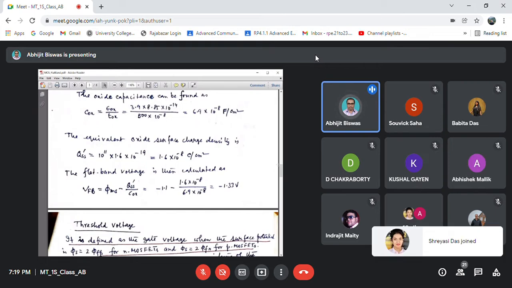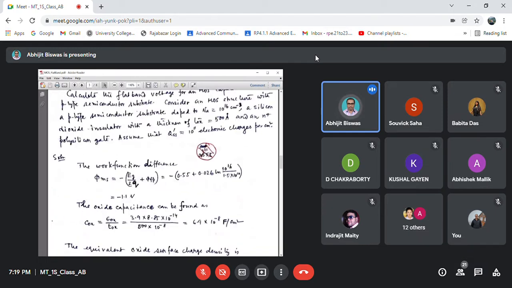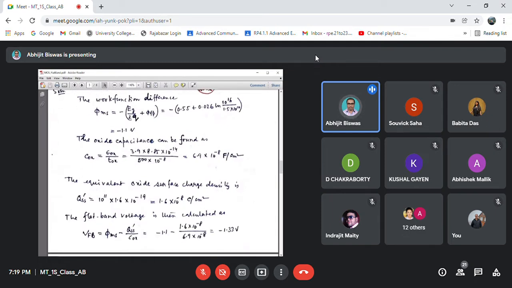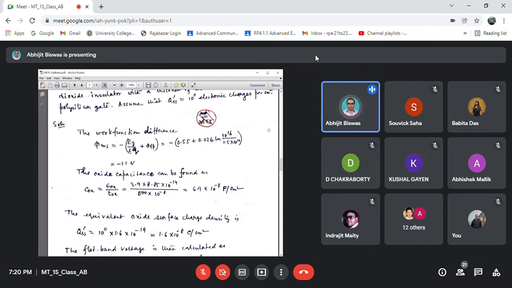The most important thing is that you must take care of the units of different quantities. Otherwise, you may calculate some absurd value of this flat band voltage. I have seen the answer scripts of many students. They make the usual mistake regarding units.